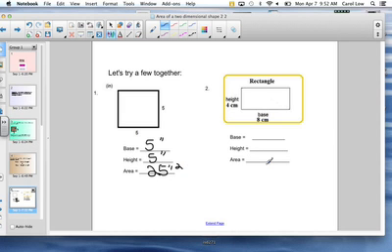Let's try another one. This rectangle, the base is 8 centimeters and the height is 4 centimeters. So the base, we're going to write 8. And the height is 4.